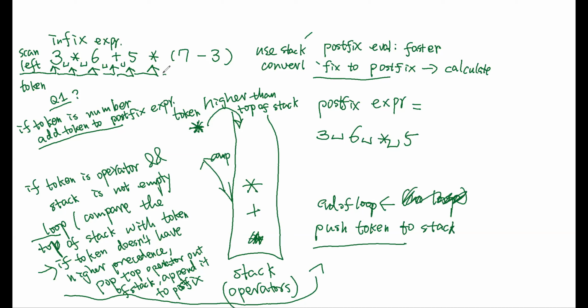Okay, next. This time we have a left parenthesis. It's not a number, it's not an operator, is it? So what should we do? Let me erase. So this is a left parenthesis.